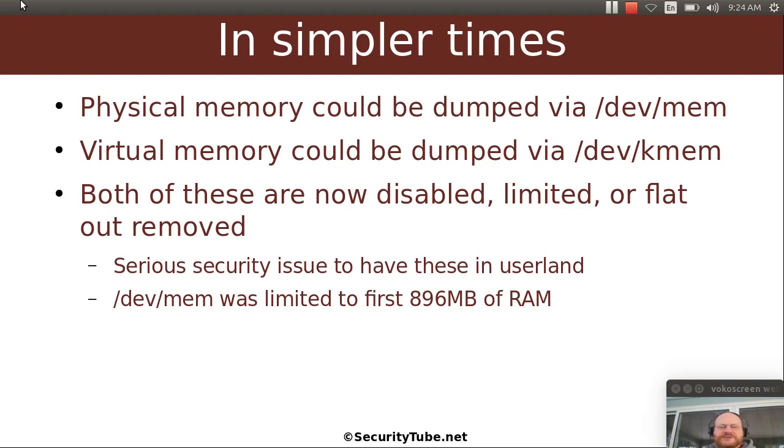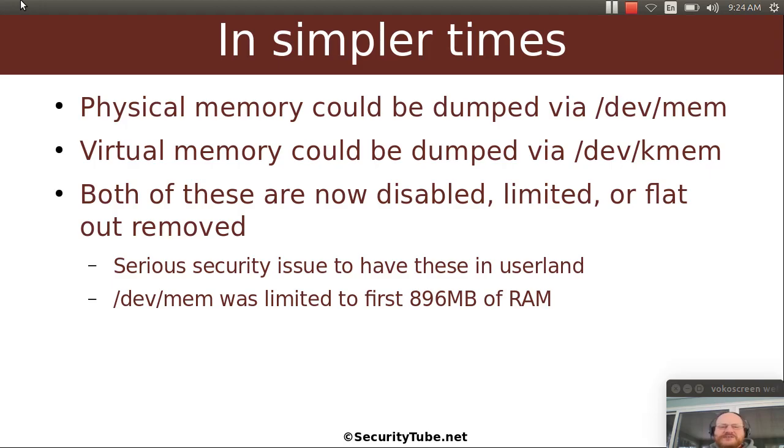Why did these go away? These went away because they were a huge security hole. So you had this userland device that pretty much anyone could access, and you could access all of the memory on the machine. So this was a bad thing from a security perspective.